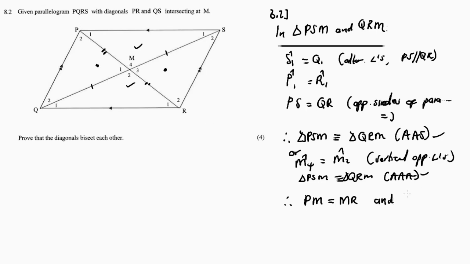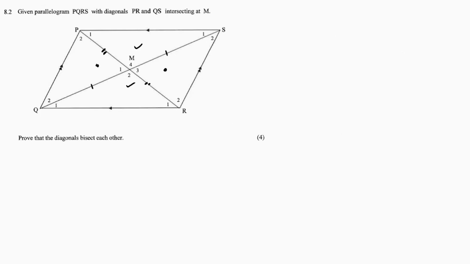And QM is also equal to MS. Therefore, we have proved that diagonals bisect each other. This is equal to this, and this is equal to this. Now, let me erase for 8.3.